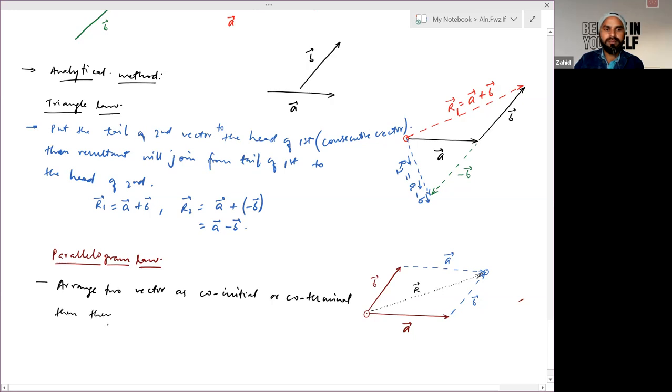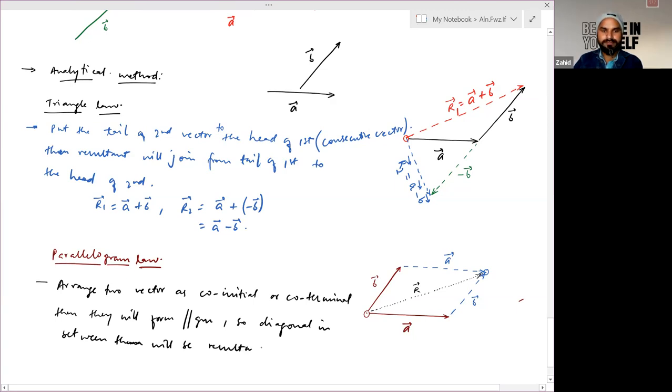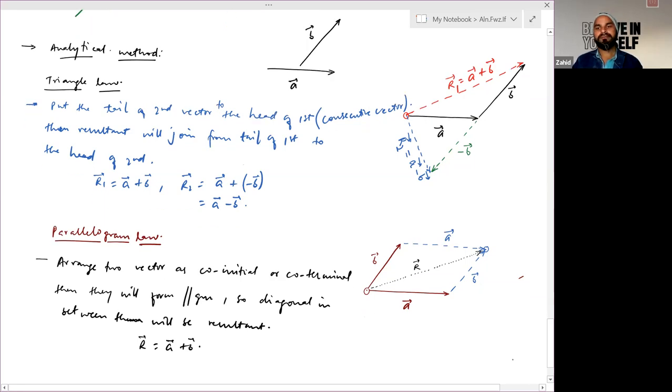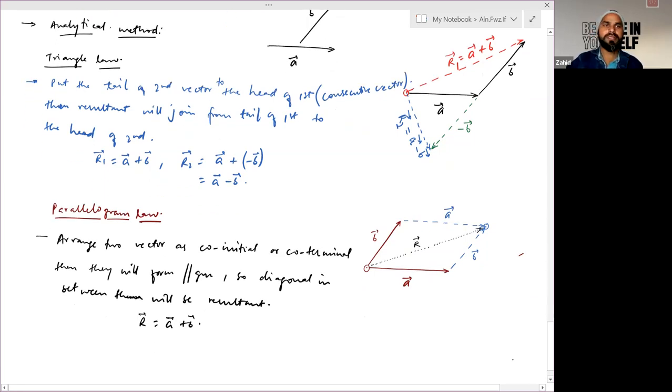Then they will form a parallelogram. So the diagonal in between them will be the resultant. So R is equal to A plus B. Just write it down till this part.